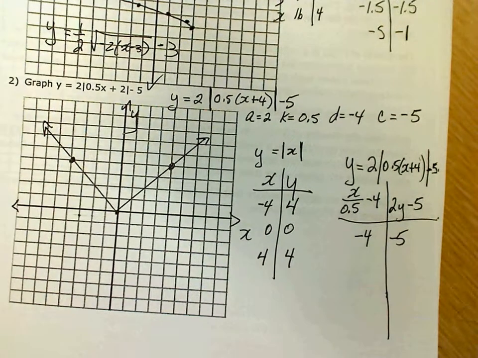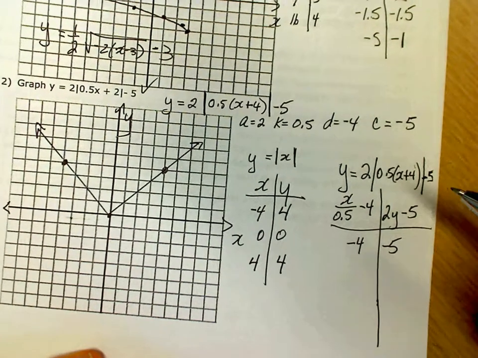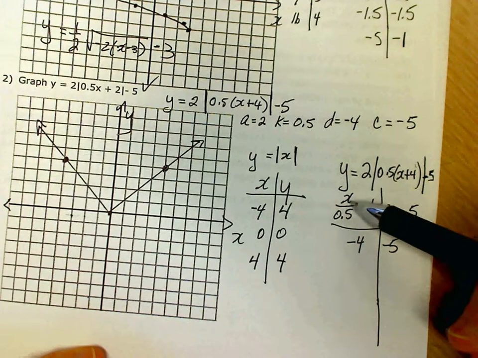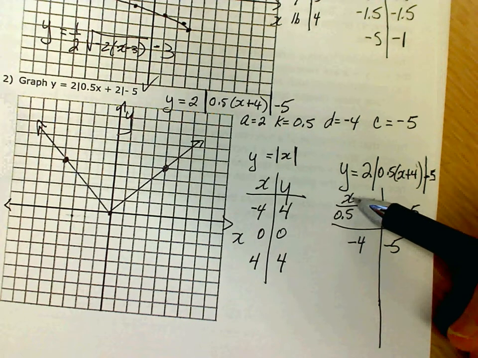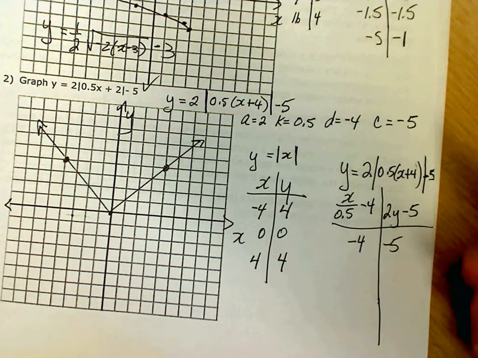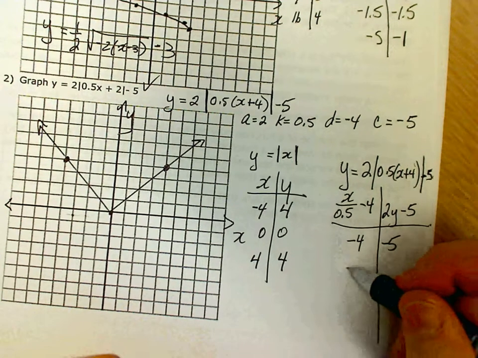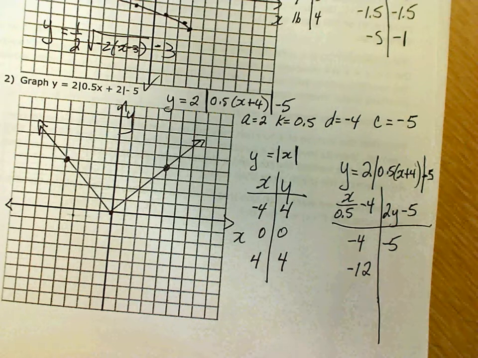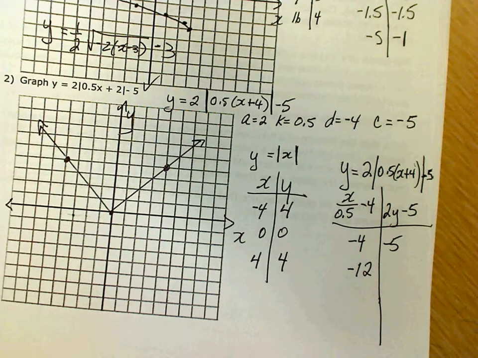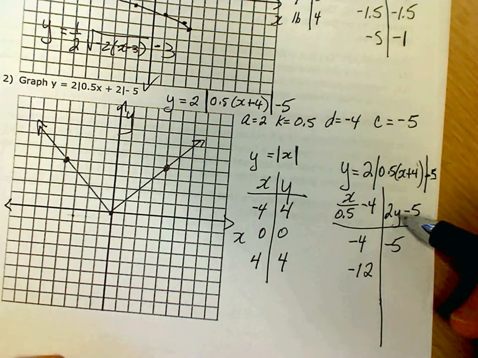So let's get a few points. If x is negative 4, negative 4 divided by 0.5 is negative 8, minus 4 is negative 12. Ooh, that's going to go right off the grid. I don't know how much that's going to help us. But anyway, maybe we'll just have to find another point. Y would become 2 times 4 is 8, 8 minus 5 is 3.